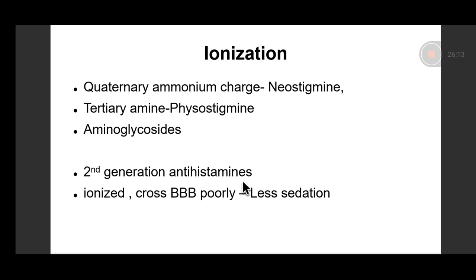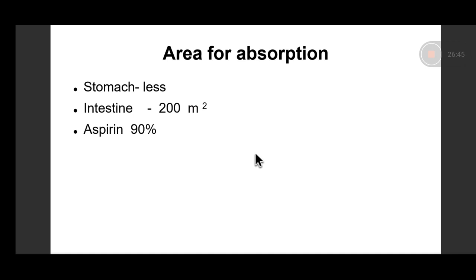Second generation antihistaminics are ionized drugs. They are polar, they cross the blood brain barrier poorly, and they cause lesser sedation. So, second generation antihistamines are preferred because of their ionic structure and lesser lipid solubility. They cross the blood brain barrier poorly and hence cause lesser sedation and are preferred. So, if you have a cough or a cold or an allergy, you prefer to take a second generation antihistamine and not a first generation antihistamine.